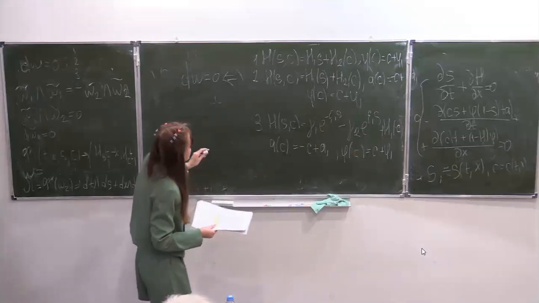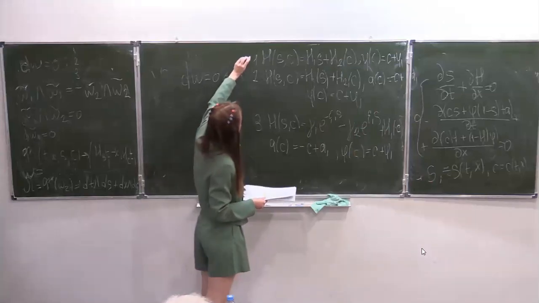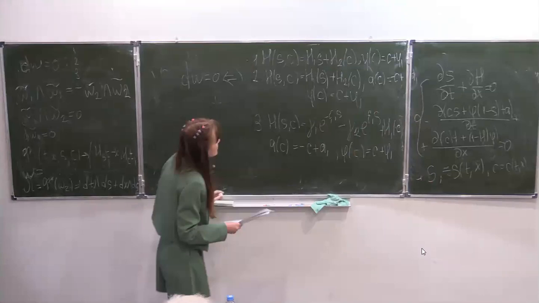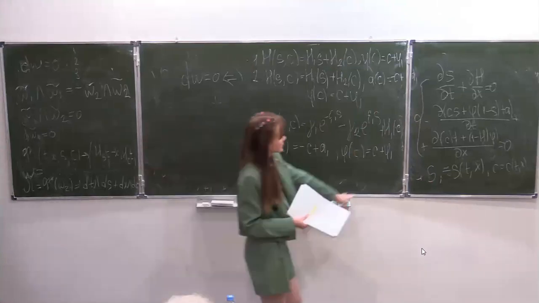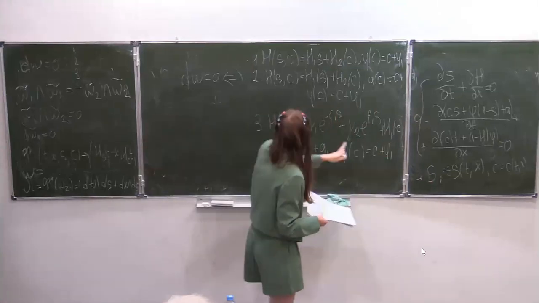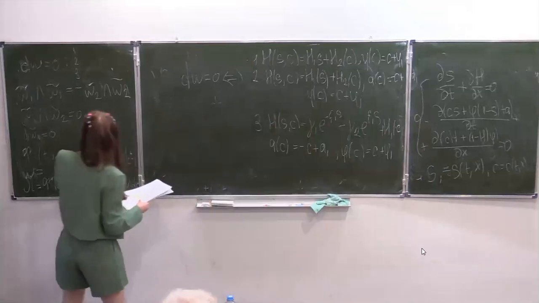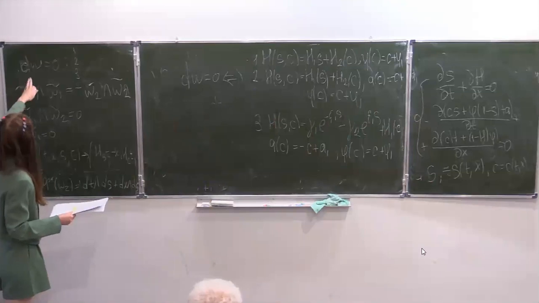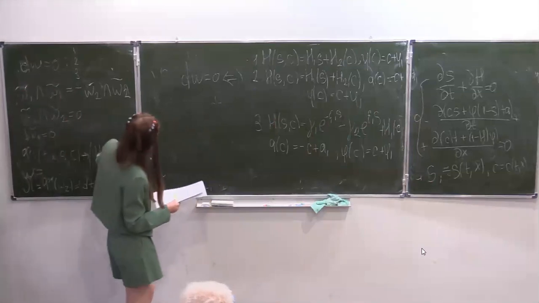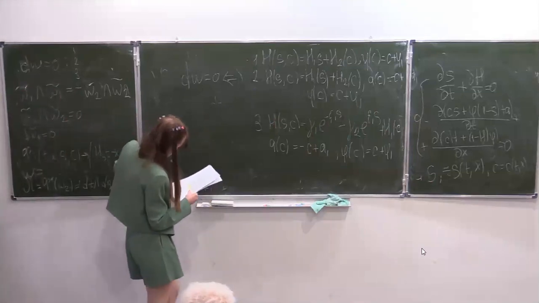So let's choose, for example, the first case, and our initial model will change so that our differential two form omega will have the next form.